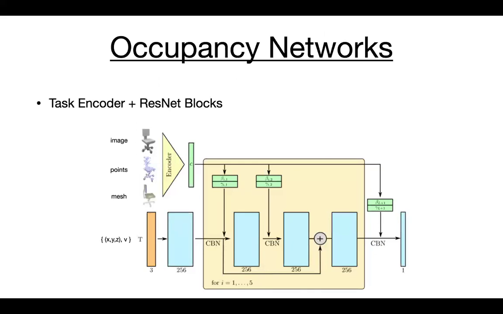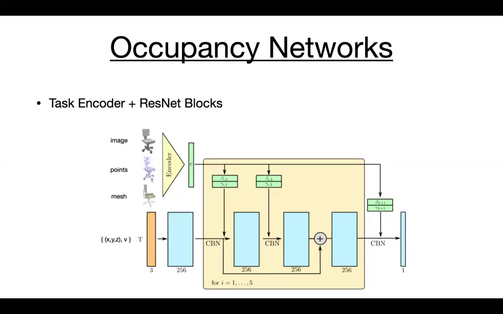Starting with Occupancy Networks, the architecture is like this. It has a task encoder and a sequence of ResNet blocks. Here, this task encoder is going to do some conditioning, and this second part is what is trained for the model.